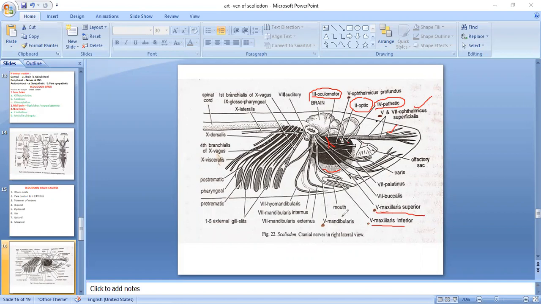Okay, and this one is the fifth mandibularis. Okay, one, two, three, and four. So these are the four branches of the fifth, the trigeminal nerve.